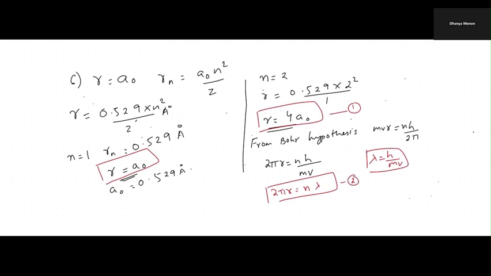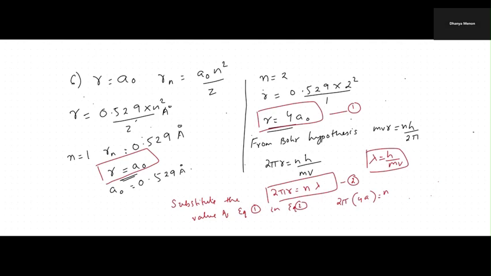Now if I substitute the value of r from equation 1 in equation 2, then 2 pi, instead of r, what can I put? 4a0 is equal to n lambda.